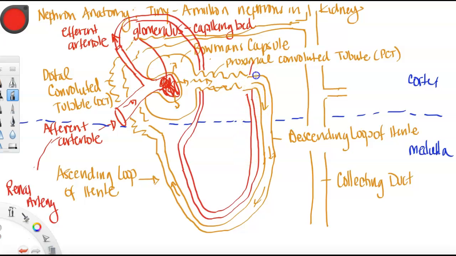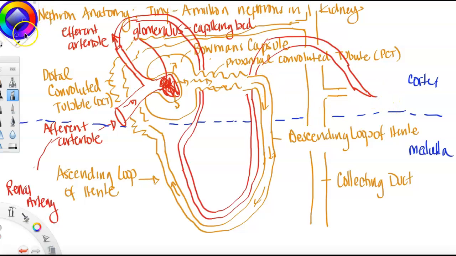Then it goes around through the cortex, down into the medulla, around the loops of Henle, and then back up into the cortex, and then will eventually exit out the renal vein.